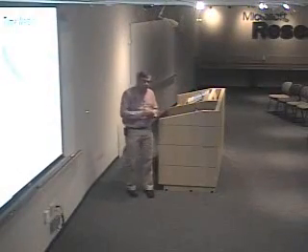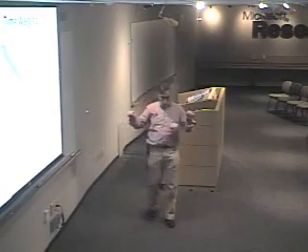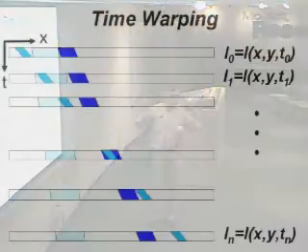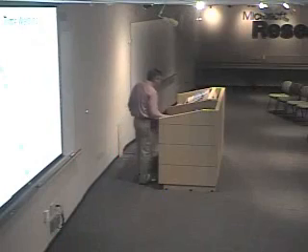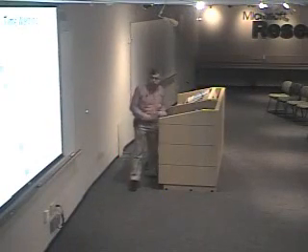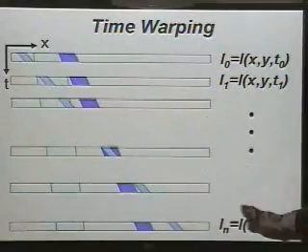We get the space-time. Now, what I show is one row in the space-time, but we use, of course, the entire space-time volume, not only one row. So we get lines that are curved. We respace them. They become straight. And the difference between the slices is now the motion of the camera.